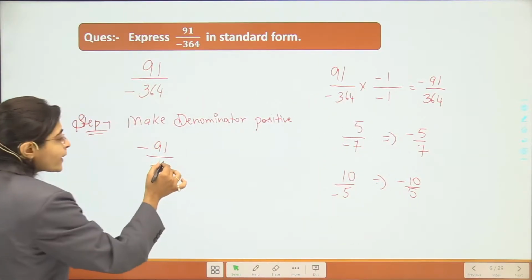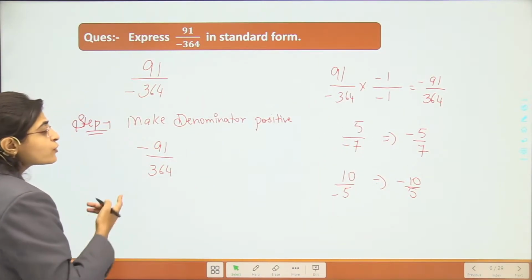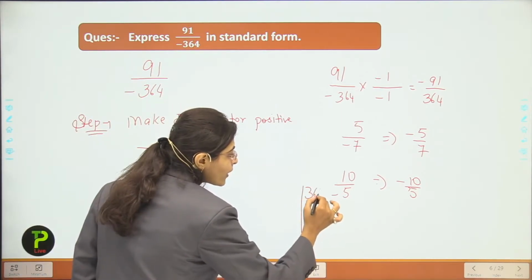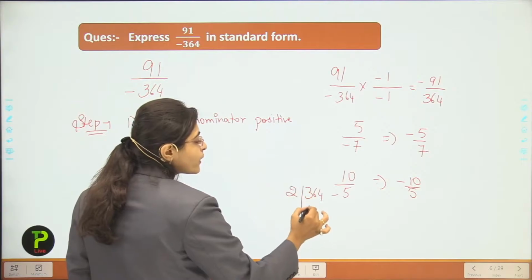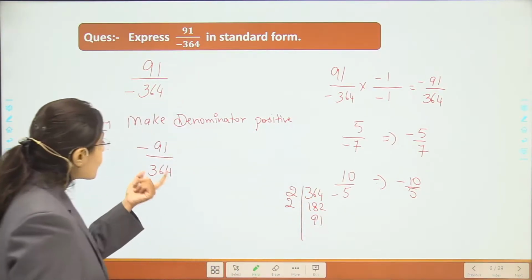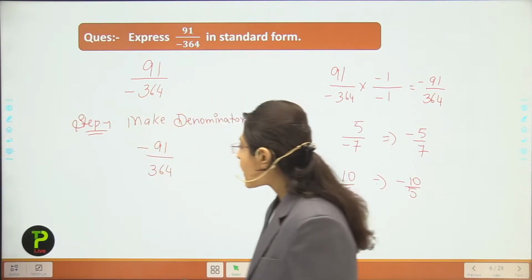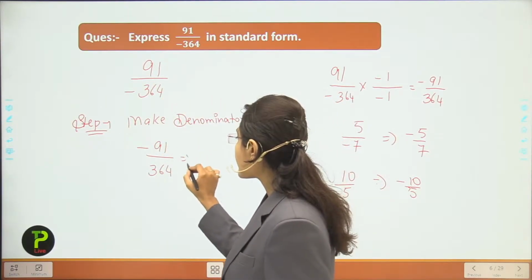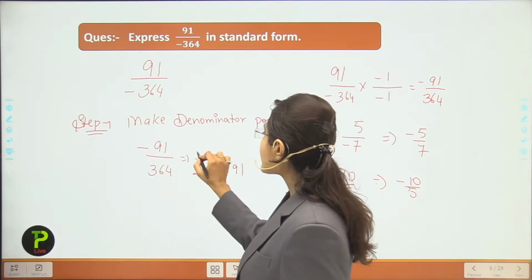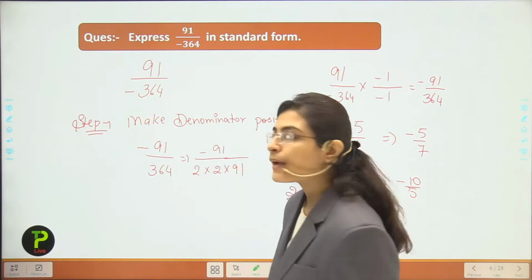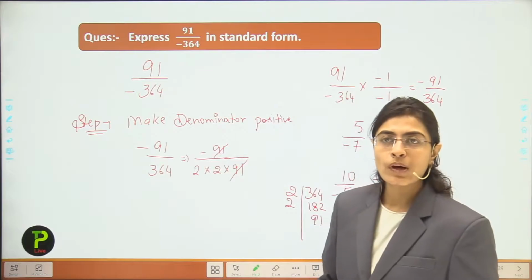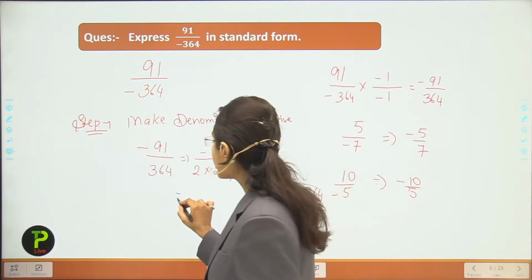So I'm starting with 364. Here I'm factorizing 364. So 2 into 182, 2 into 91, and yes, I got my 91, isn't it? I can write 364 as 2 into 2 into 91, and I'll keep my 91 over here. So now 91 gets cancelled by 91, and what I'll get in the numerator is 1.